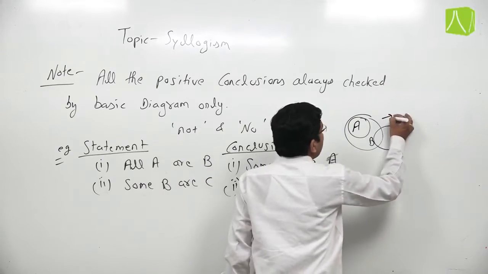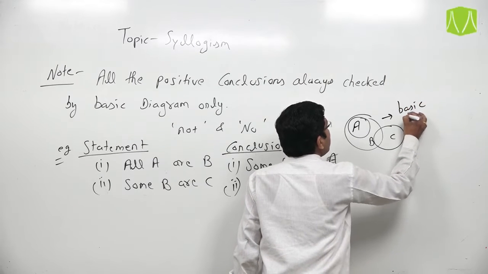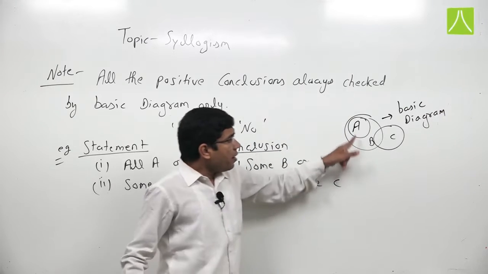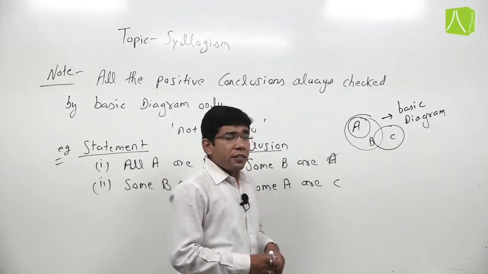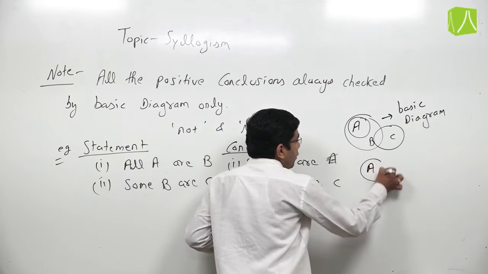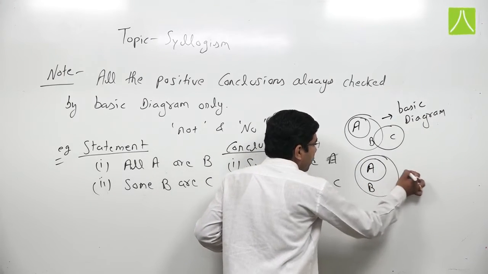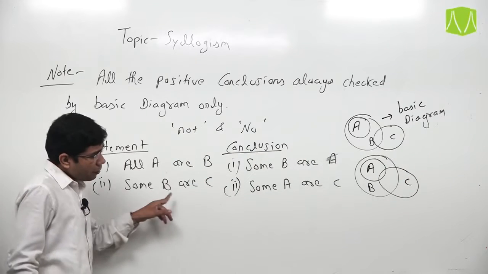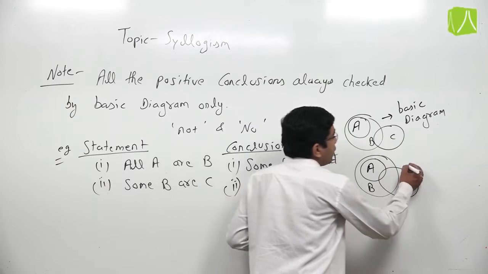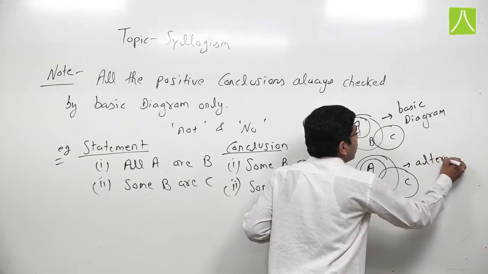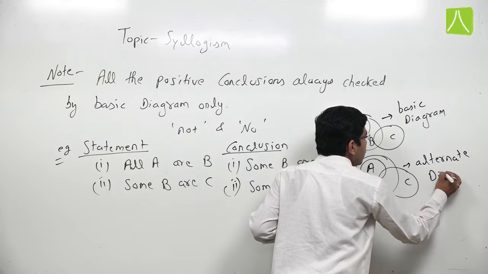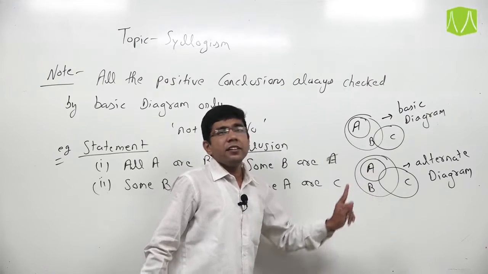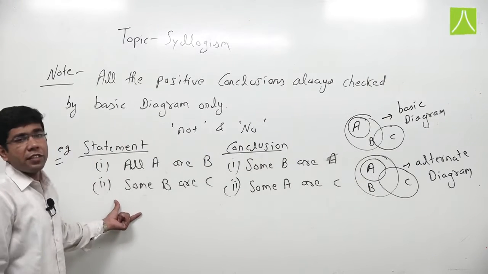It is our basic diagram. Why is it the basic diagram? Because we use the statements as they are. There is only the relation between all A are B and the second statement denotes some B are C. If we draw the diagram like this, in this also all A are B is clear and some B are C is clear, but it is our alternate diagram because we create a relation between A and C in this diagram, which is not given in the statement.